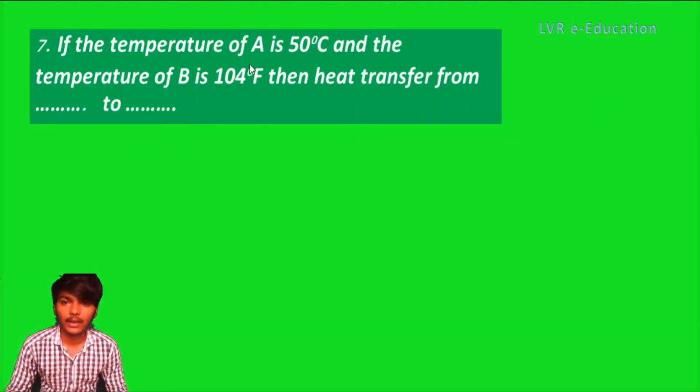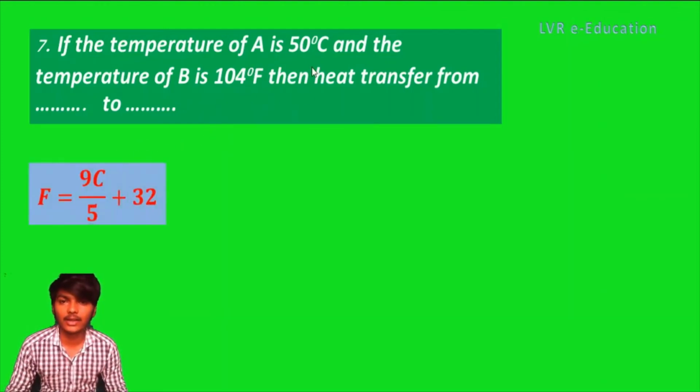So observe, the temperature of A is given in centigrade and the temperature of B is given in Fahrenheit. So first convert the temperature of A, which is in centigrade, to Fahrenheit, or you can do it either way. You can convert the temperature of B, which is in Fahrenheit, into centigrade. So now we are converting the value in centigrade into the value in Fahrenheit. We know the relation F equals 9C by 5 plus 32.